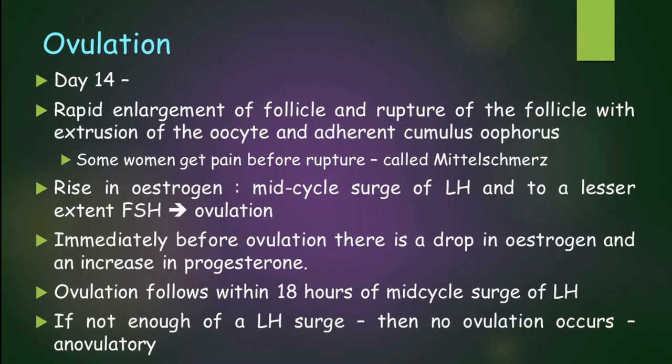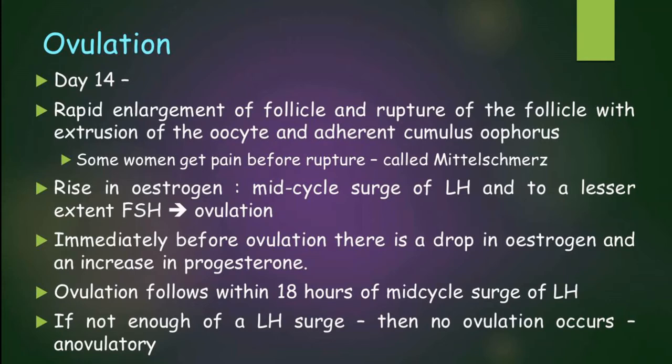The increase in estrogen levels, that is a mid-cycle surge of LH, and to a lesser extent of FSH, causes ovulation. Immediately before ovulation there is a decrease in the estrogen levels and an increase in the progesterone levels. Ovulation follows within 18 hours of the mid-cycle surge of LH.